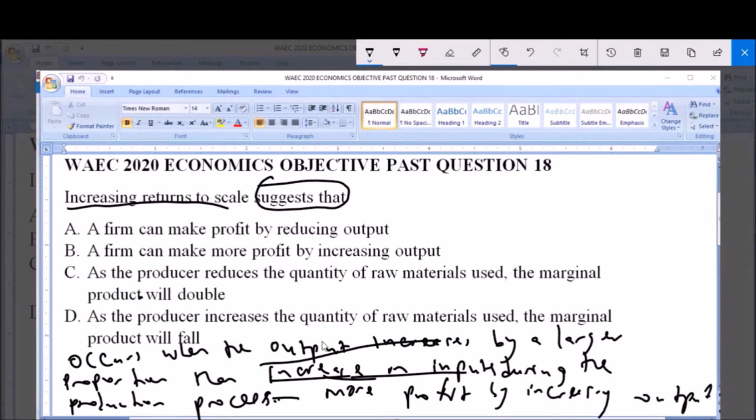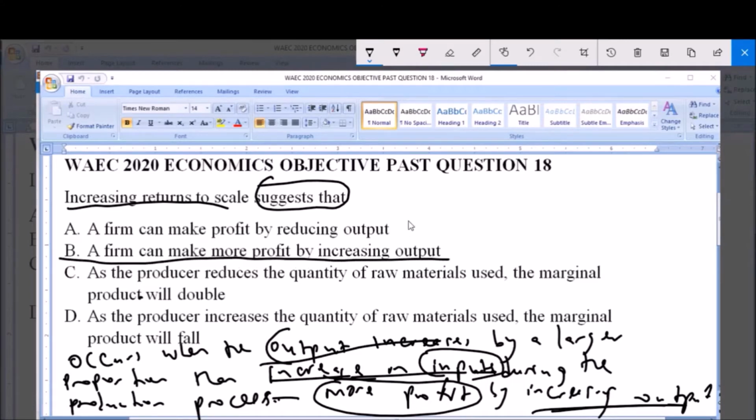Based on the fact that the output increases by a larger proportion than the inputs during production, it means that the firm can make more profits than usual by simply increasing the output. And the output, of course, can be increased by increasing the inputs or the factors of production. So it suggests that a firm can make more profits by increasing outputs, and that is option B. So it is the correct answer to this question.